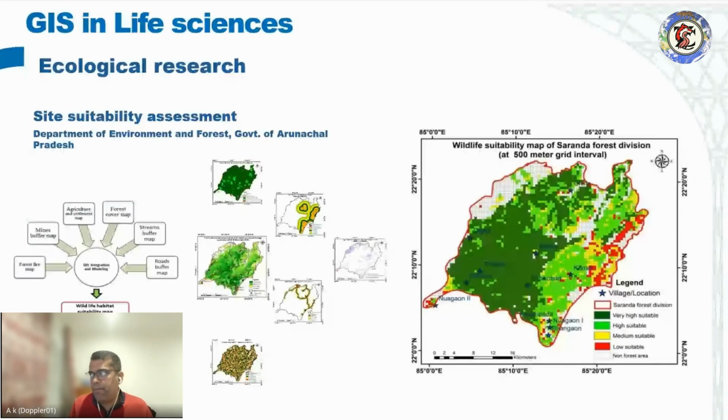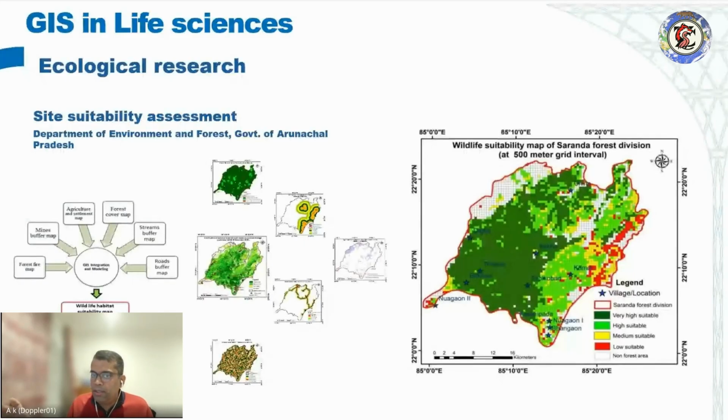What they came out with is an interpretation of the information, which shows the tentative areas best suited for wildlife conservation, or if you want to declare these as wildlife hotspot zones, or no encroachment zones, no development zones.